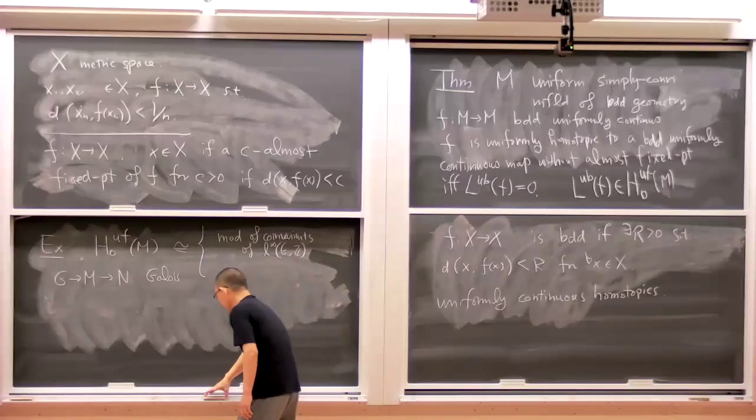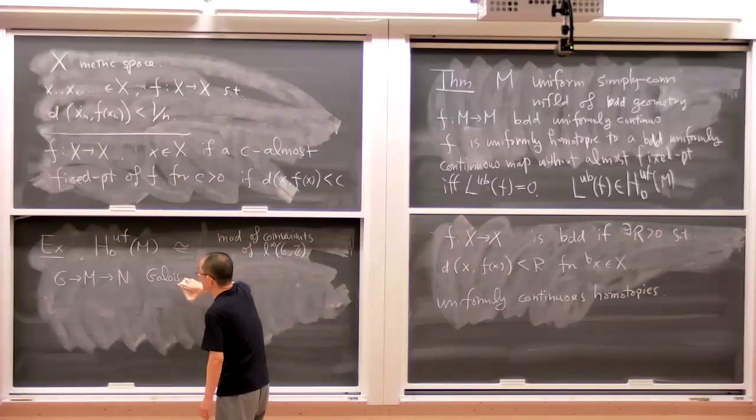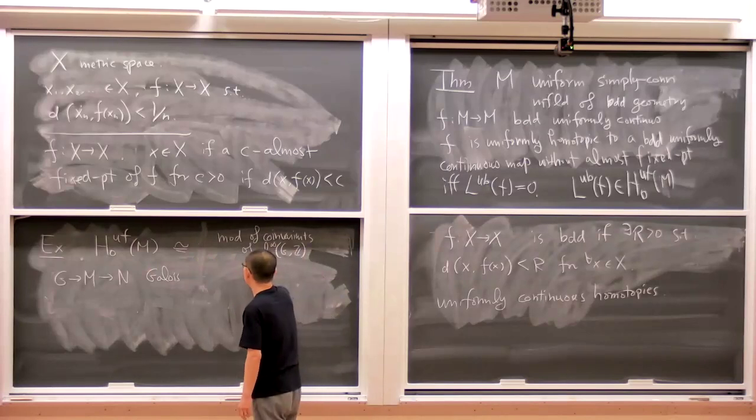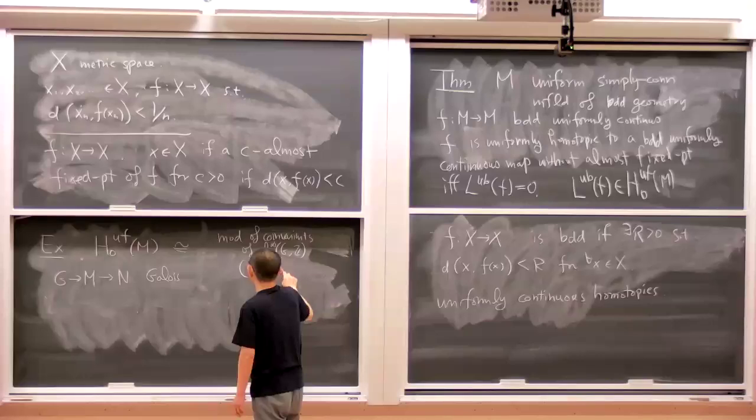And this zeroth homology is isomorphic to this big module when G is amenable.